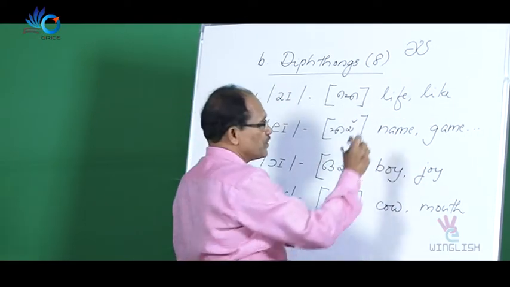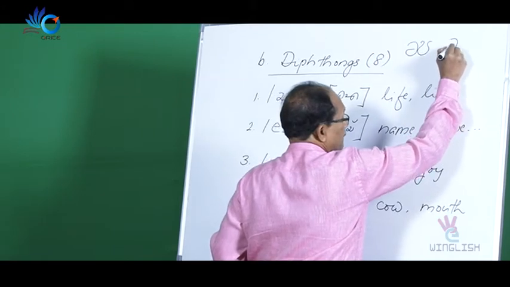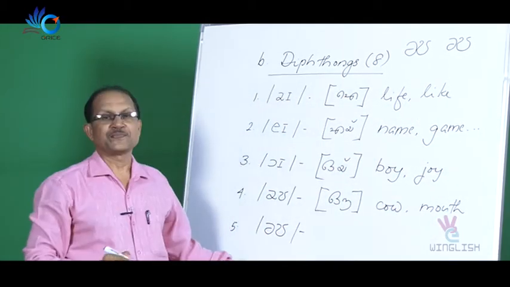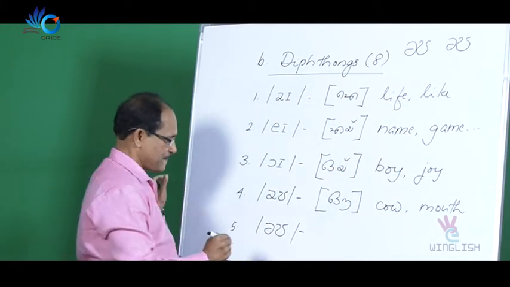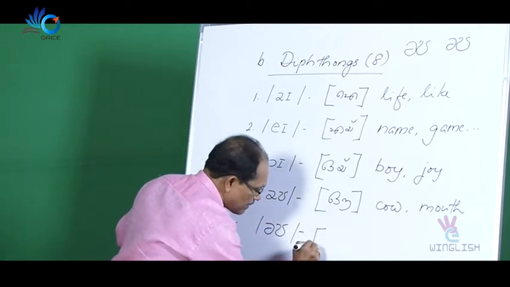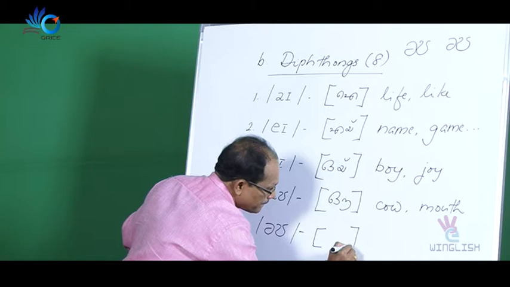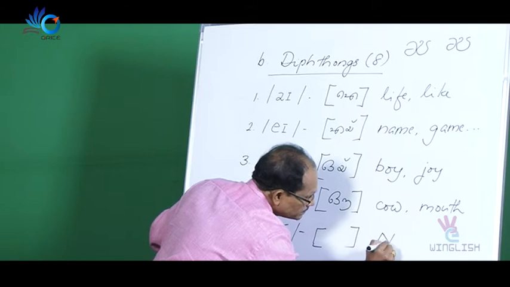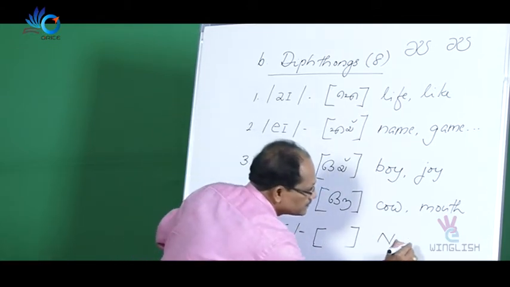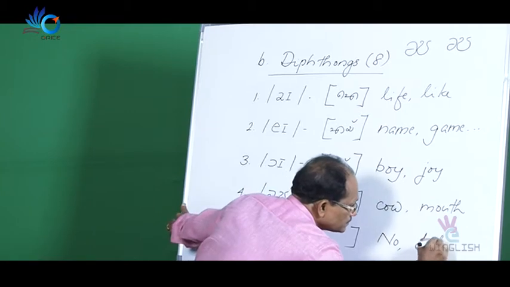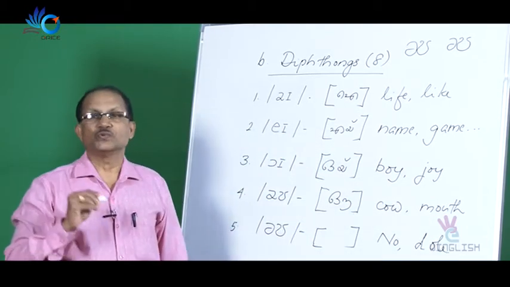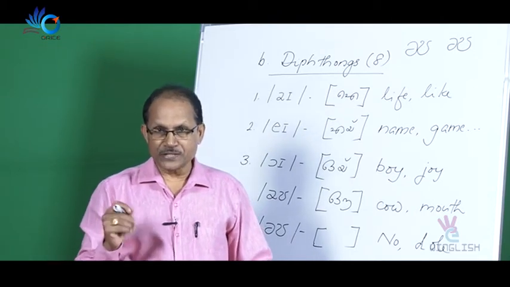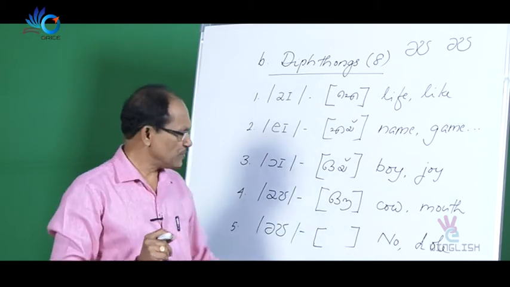That is inverted E and the short O sound. And what is the diphthong? Now we have this diphthong in words like NO or KNOW, DOLE, and how do we pronounce these words?